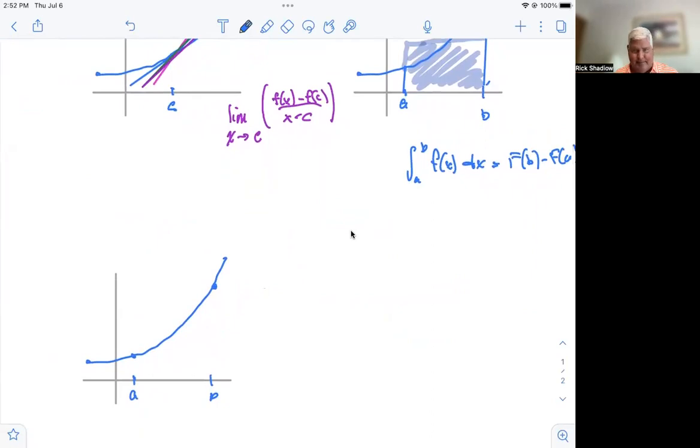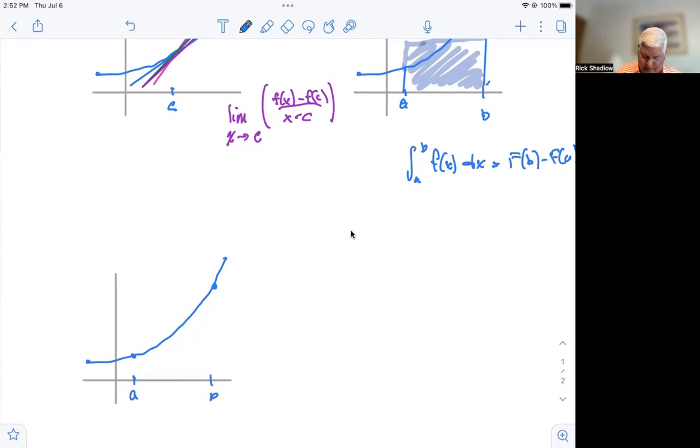The last concept that was kind of the motivating force of the development of calculus was finding the length of a curve. So we have the distance formula if it just happened to be a line, but we don't have just a line, we have a curve. And so it's going to have to be done a little bit differently. And again, it's using the limiting process, surprise, surprise.